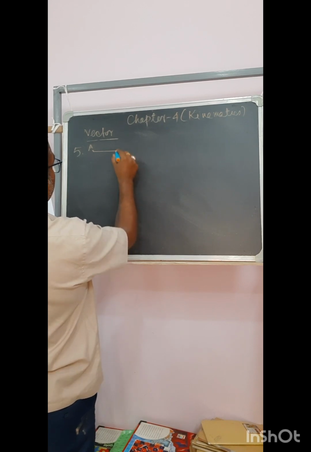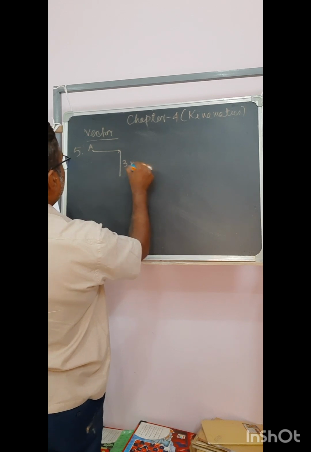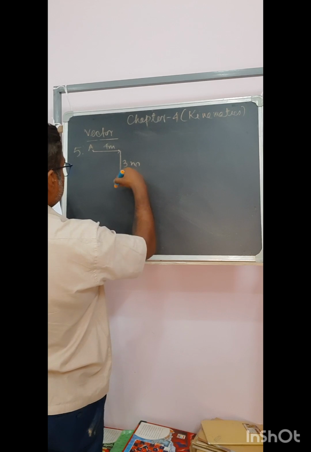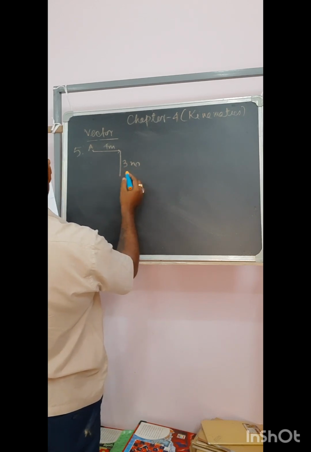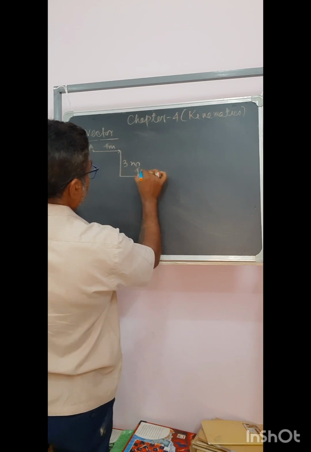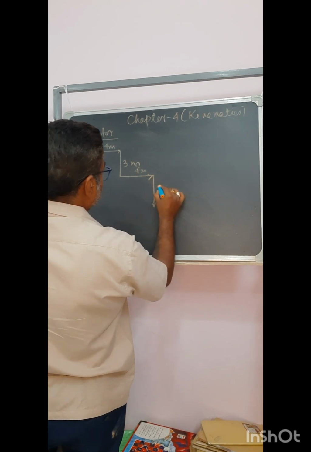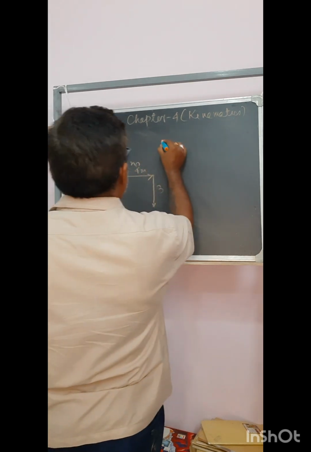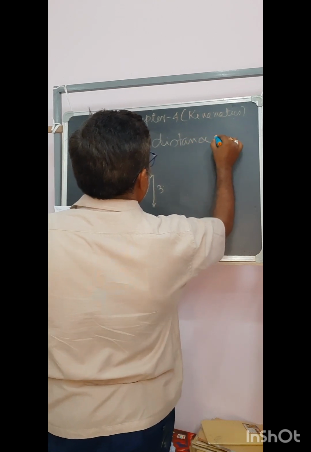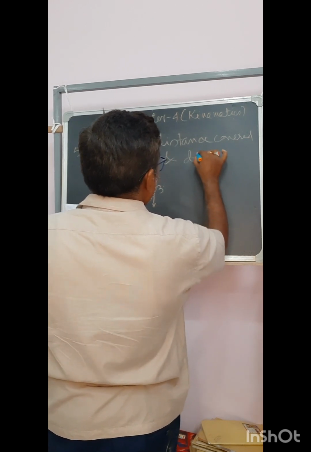Then from that point he has moved 3 meters towards south, then 4 meters again towards east, then 4 meters again towards south. You have to calculate the distance covered and the displacement.